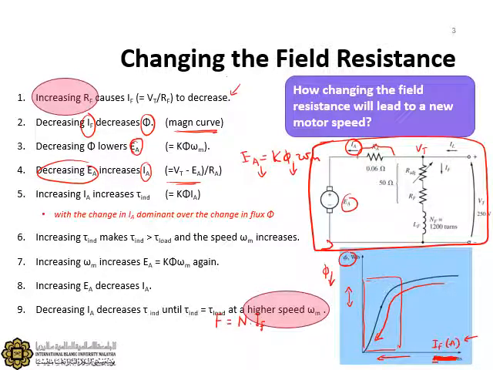So IA equals VT minus EA over RA. When EA is decreased, VT minus EA will be increased, and therefore IA will be increased as well.